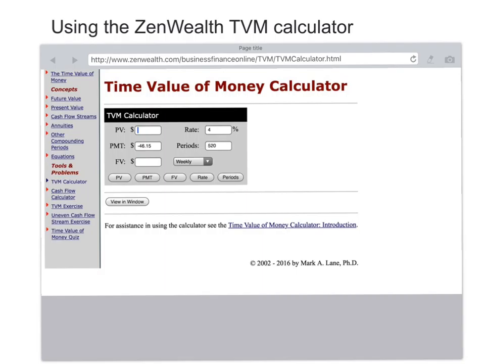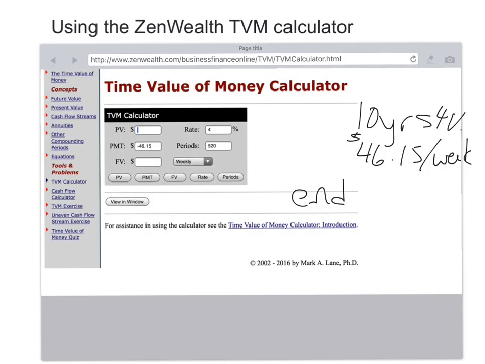So what I see then is if I make payments for 10 years at 4%, and the payment is $46.15 per week, then in the end I will have a value of $29,493.26. Now I haven't paid that much, right? I have paid $46 times 520 payments.